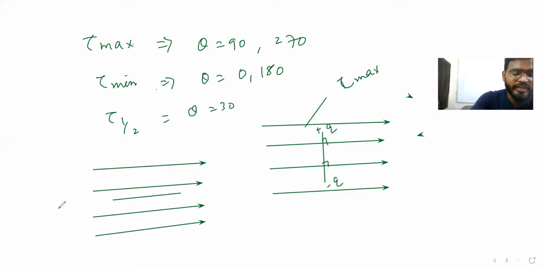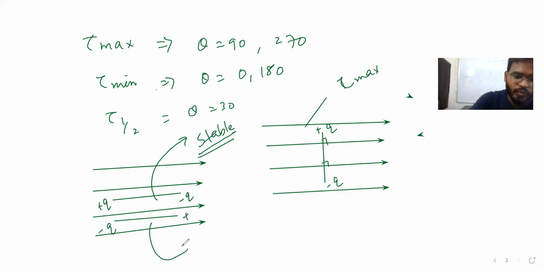So let's consider field lines originate from positive charge, terminate on negative charge, right? Electric field line. So this side is positive and this side is negative. So here you will get stable torque, minimum as well as stable. If you take the same diagram, I am drawing, this side if you take minus QE plus QE, this is also 0 degree, 180 degree, right?